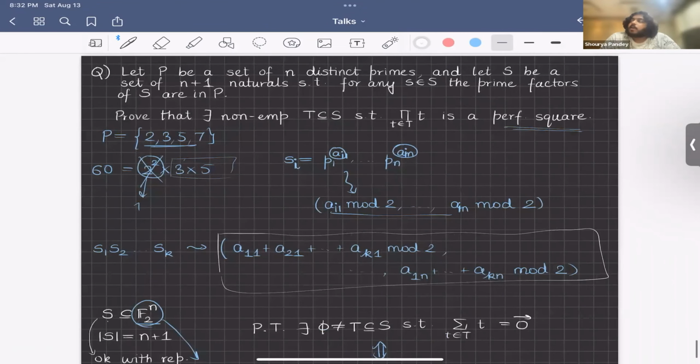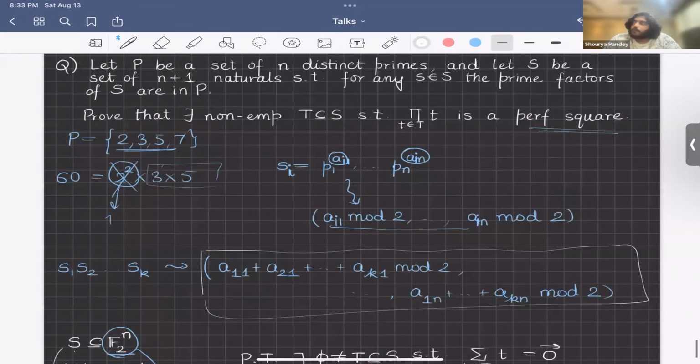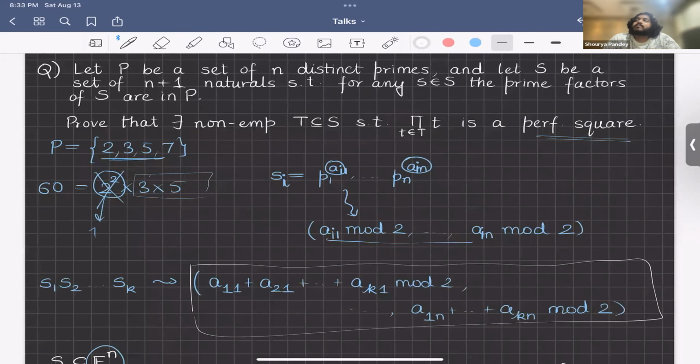Well, induction could work, but you could do this: if there's no product that's a perfect square, then I think you can show that for any two distinct subsets T1 and T2 of S, consider the product of elements in T1 and the product of elements in T2, then the exponents would differ somewhere in parity.